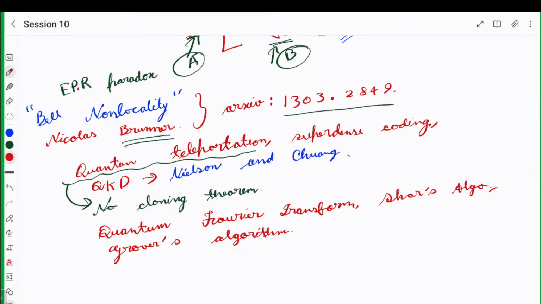If you remember, we had talked about subjective and objective uncertainty. Subjective ignorance can lead to probabilities, and subjective ignorance is there in classical mechanics, but objective ignorance is only there in quantum mechanics, where you have superposition.